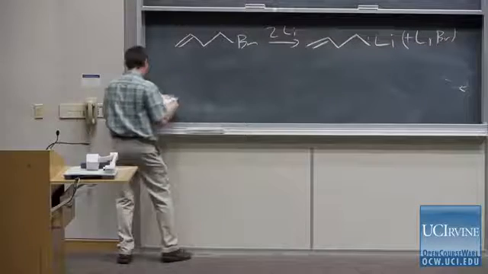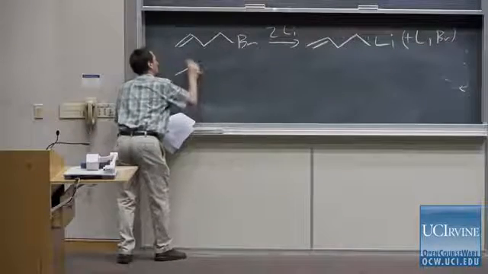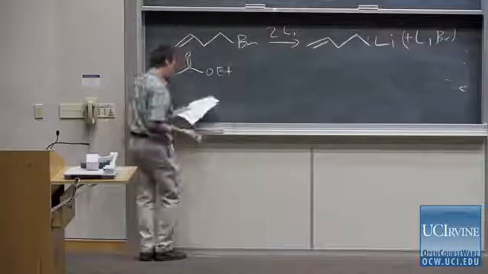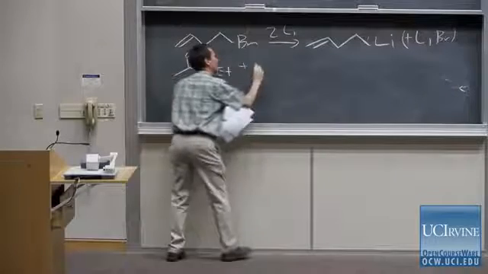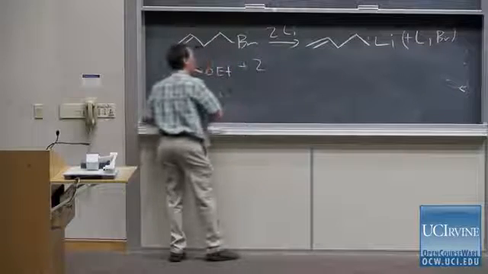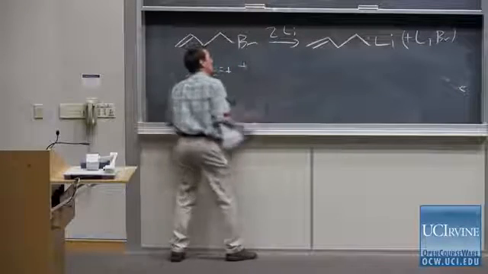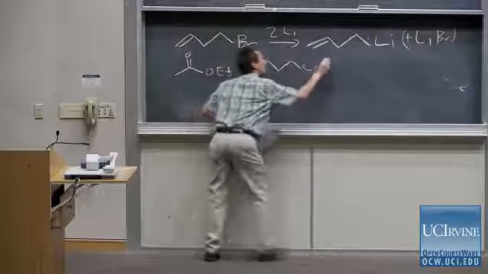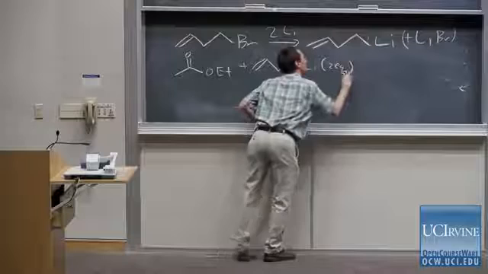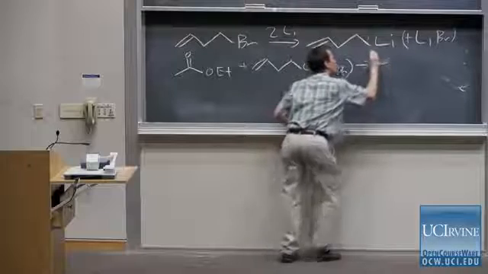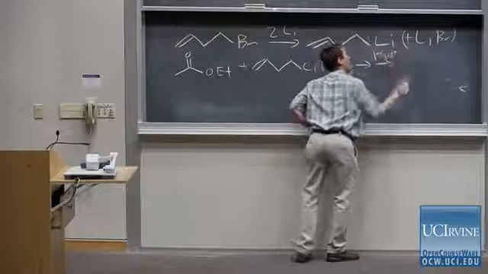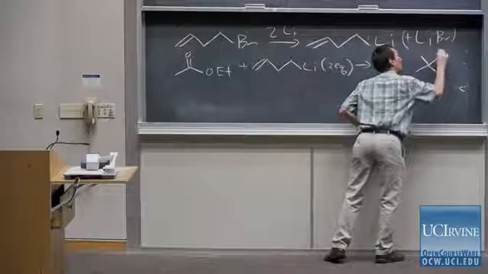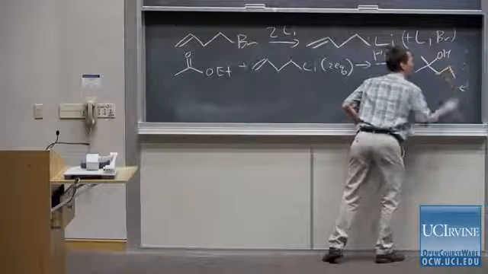We take our ethyl ester, that's going to be the top two parts, and we treat it with two equivalents of the organolithium reagent. And then I do, in a separate step, an aqueous workup. And that's going to take us over to our building block.